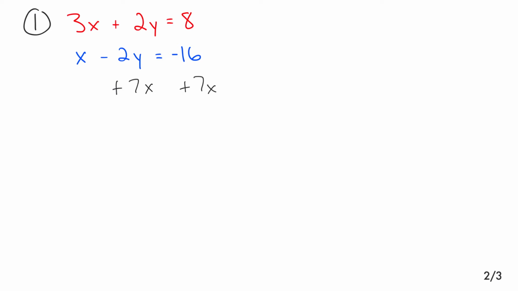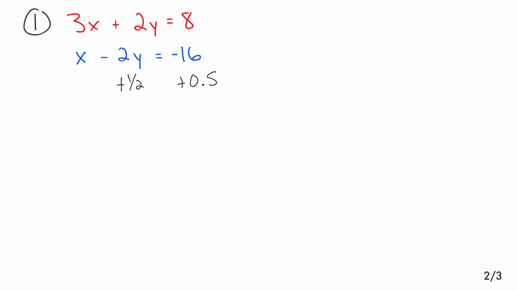Additionally, I could add a 1/2 to the left side and add a 0.5 to the right side, because again, they're the same thing. Transitive property of equality.